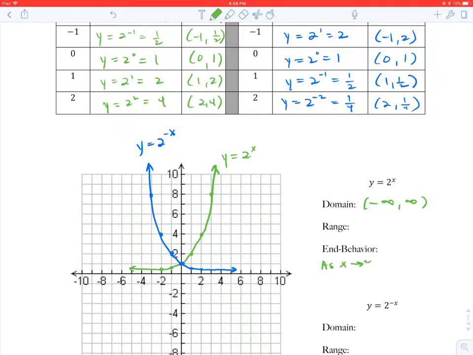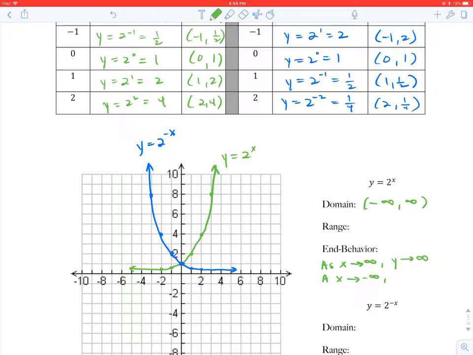So as x approaches positive infinity, y, it seems like, is going to approach positive infinity as well, right? If we substitute 10,000, 10 million, a billion in for x, we get really, really large y values, and they would keep getting larger. But as x approaches negative infinity, so we're substituting really small values in for x, like negative 1,000, negative 10,000, negative 1 million, right?